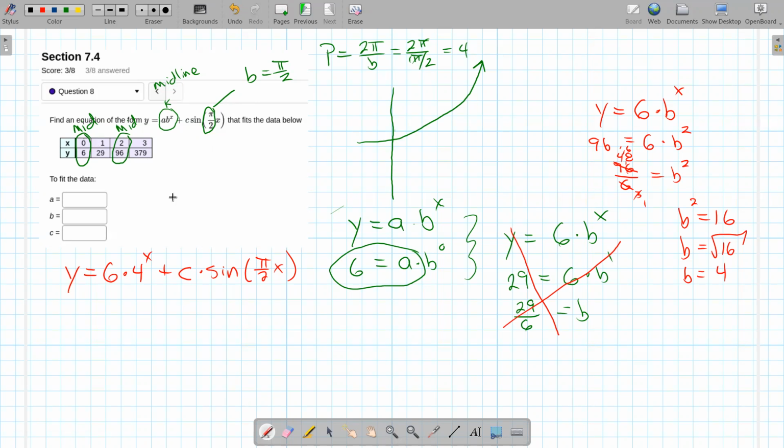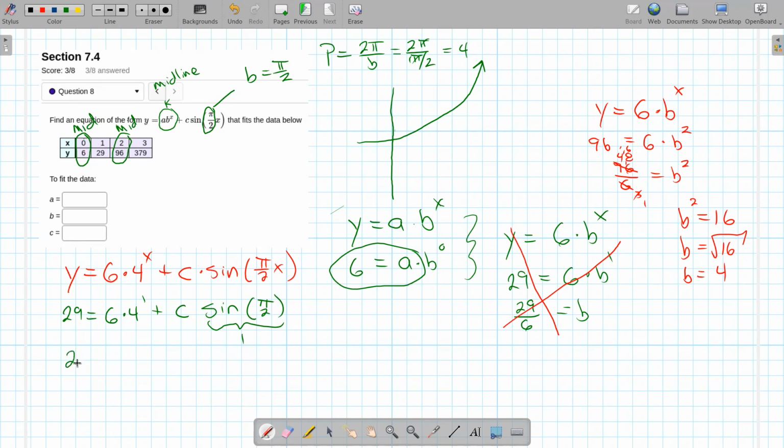Anyway, so now we're going to use the other points to try and figure out what c is here. So plugging in the 1 to this right here, we would get y equals 6 times 4 to the power 1 plus c times the sine of pi over 2 times 1, and y should be 29. Sine at pi over 2 is 1.